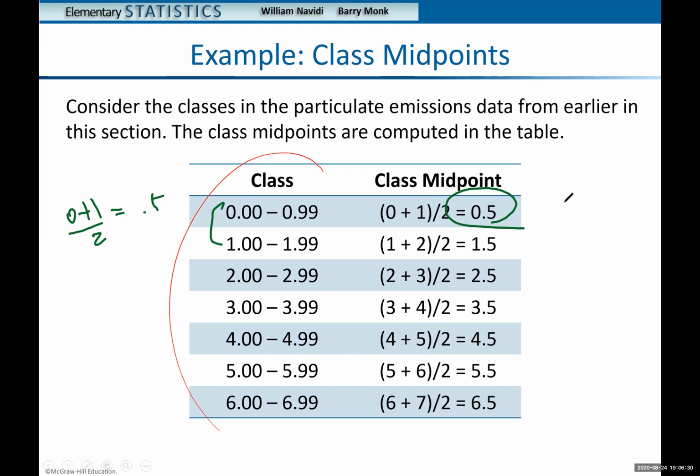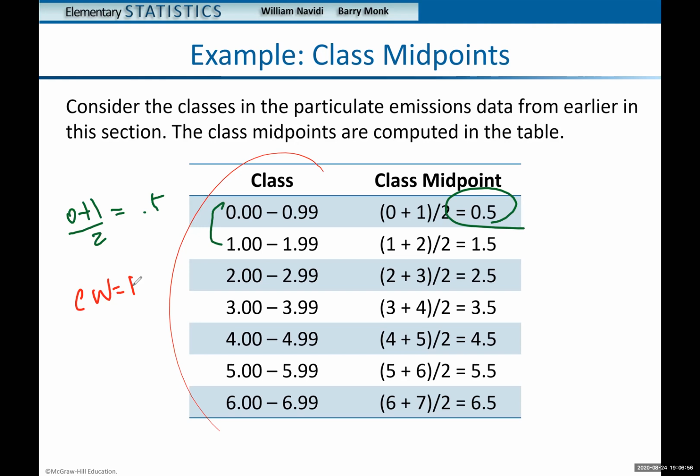Take note of this: I do not compute every class midpoint. After I get the first one, what is the class width again here? One. You know how to get a class width, right?